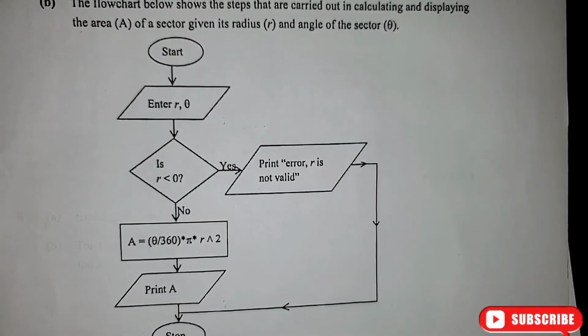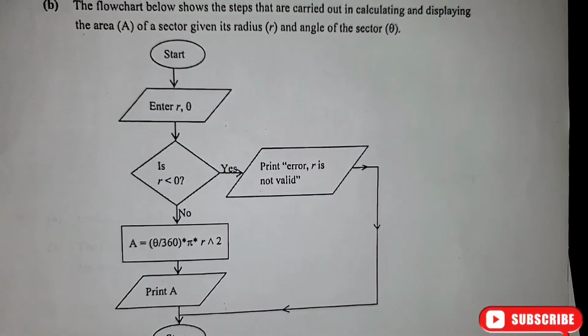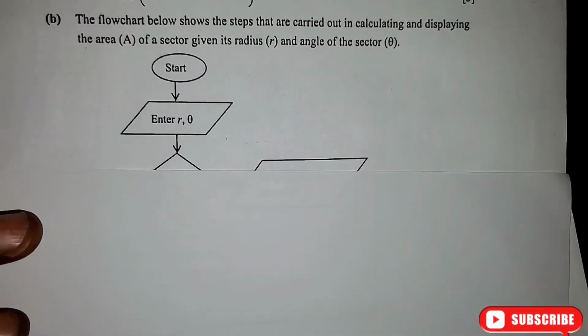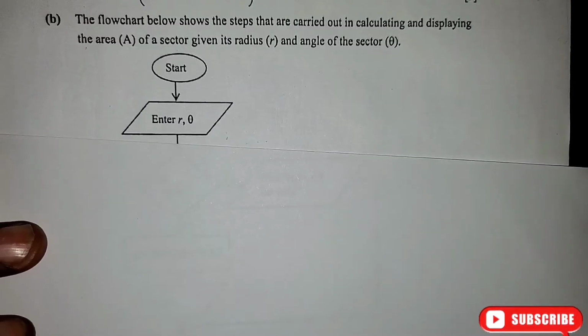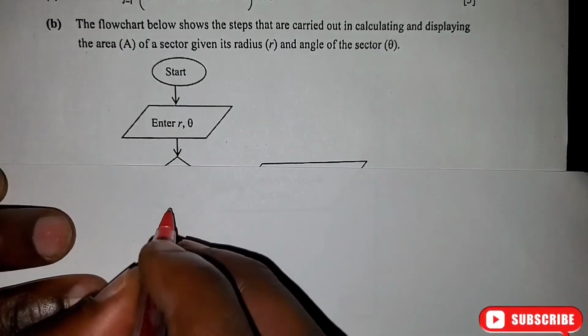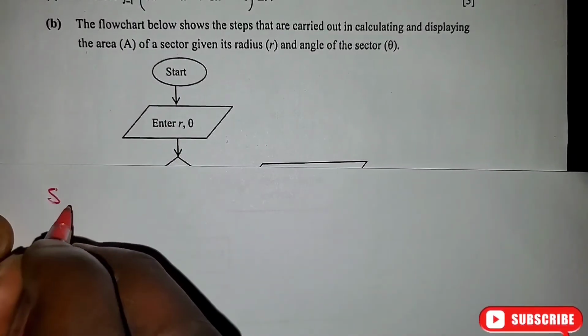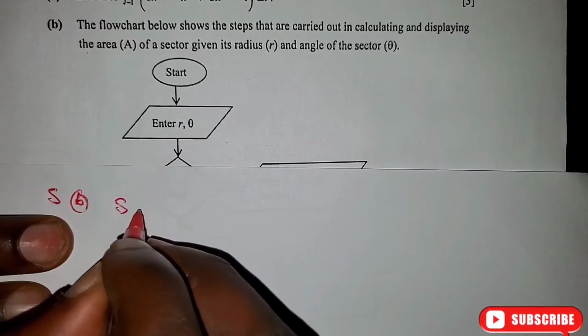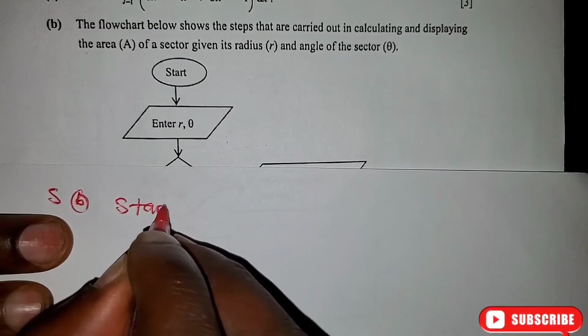So what we are going to do here is write the pseudocode. Writing a pseudocode is not difficult. We are going to start with the first item, which is the start. So start, like this.